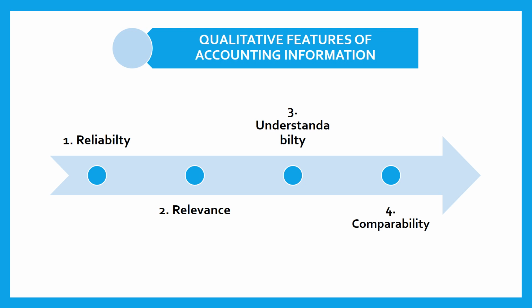Intra-firm comparison is when one period of one business is compared with another period of the same business. And inter-firm comparison is when the accounting information of one period of one business is compared with the accounting information of the same period of some other business.